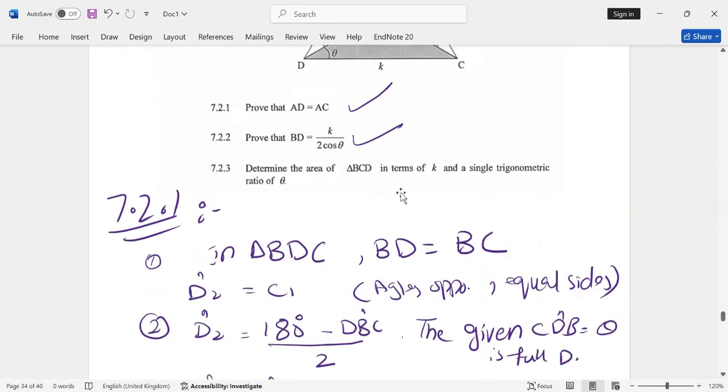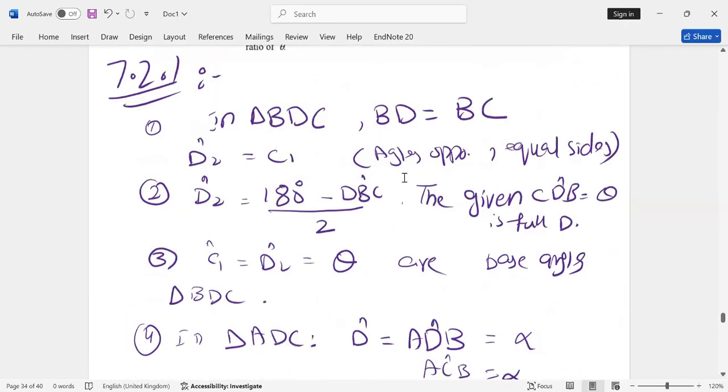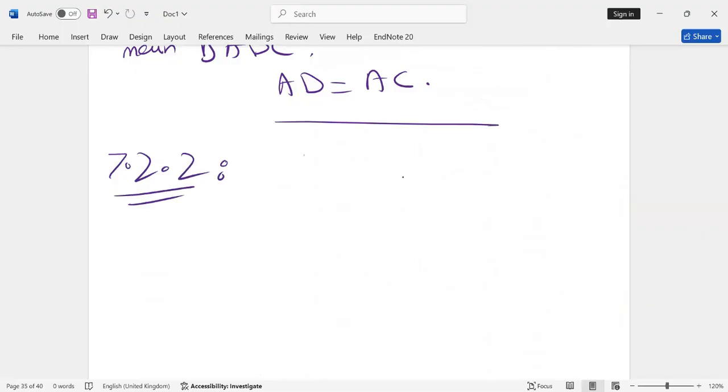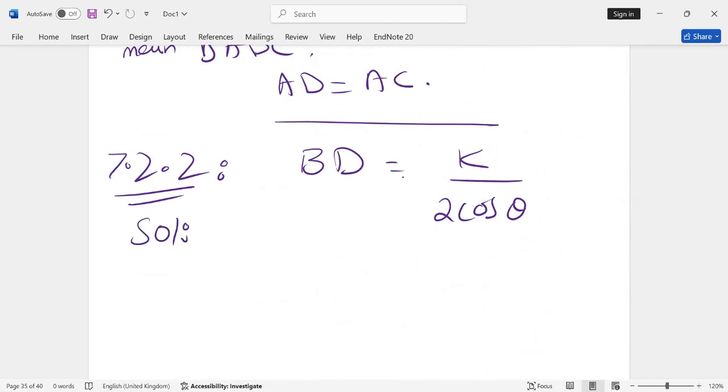The next is 7.2.2, prove that BD equals k by 2 cos theta. So we have BD equals k by 2 cos theta, and we have to prove that this holds.